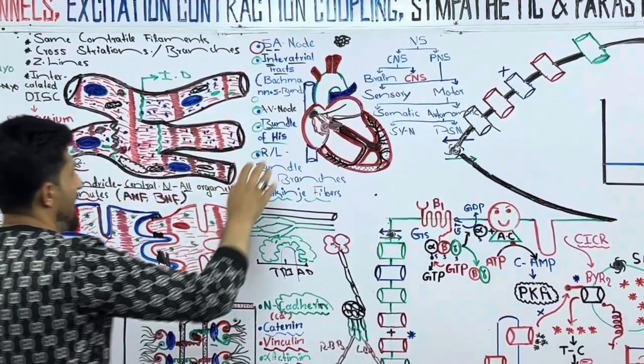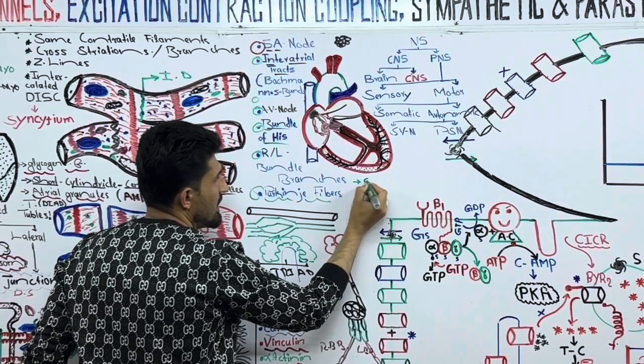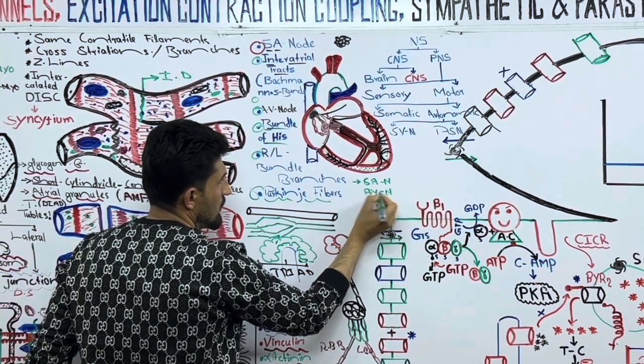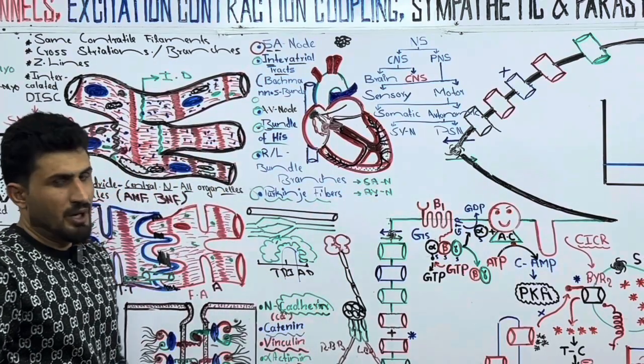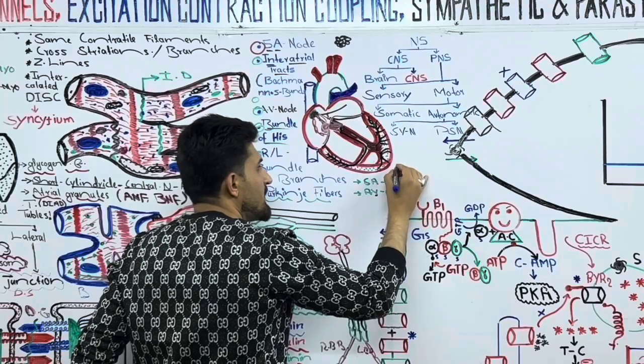First of all, about the SA node and AV node. Keep in mind that, for example, this is a cell.